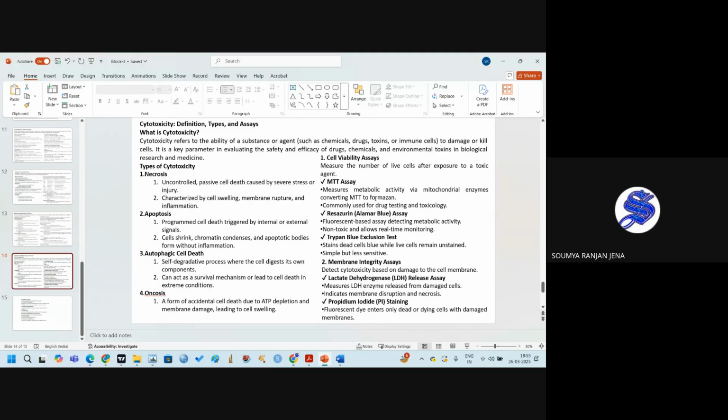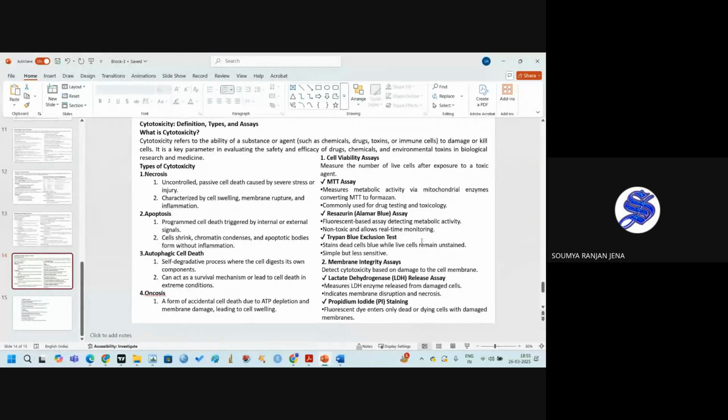If we treat the cells with a drug, some cells are dead and some are alive. Live cells convert the MTT to formazan, and we estimate that formazan to know what percentage of cells is killed or how many are alive. And another one is the Alamar Blue assay. This is a fluorescence-based assay.